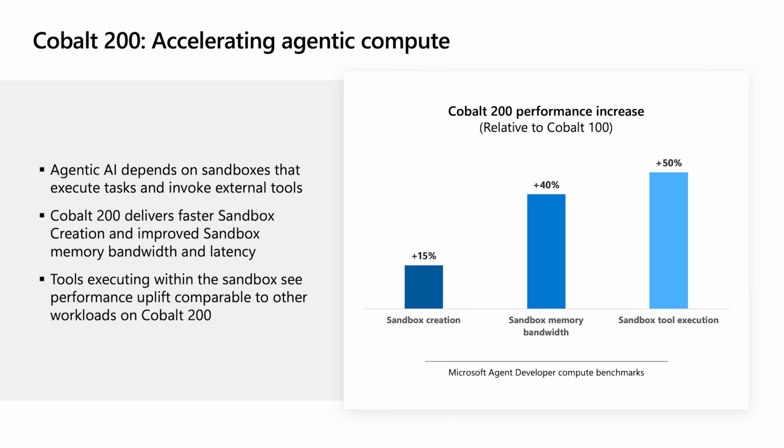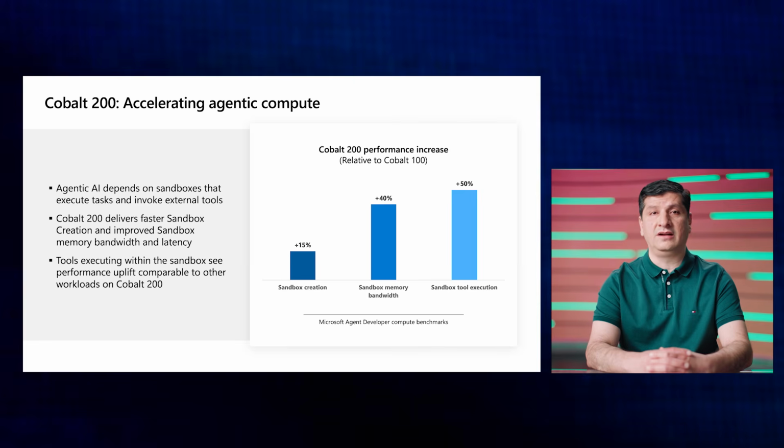Accelerating agentic compute is where Cobalt 200 matters most. First, the industry is converging on a new way of thinking about performance for agentic workloads. It's no longer just about throughput on a single request. It's about how fast you can spin up an agent sandbox, how quickly that agent becomes responsive, and how many you can run concurrently on a single machine.